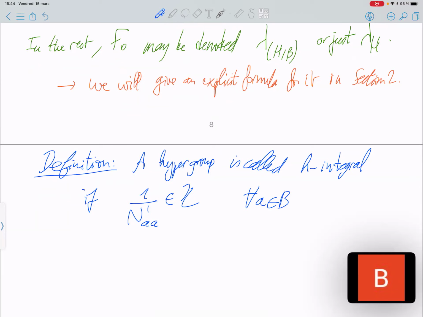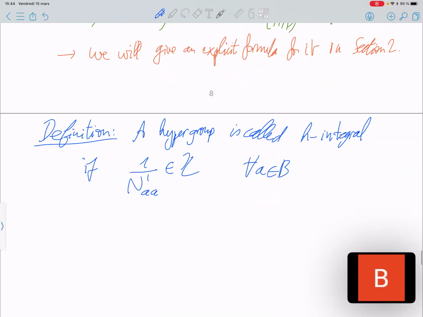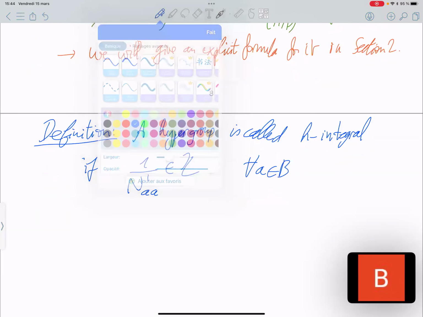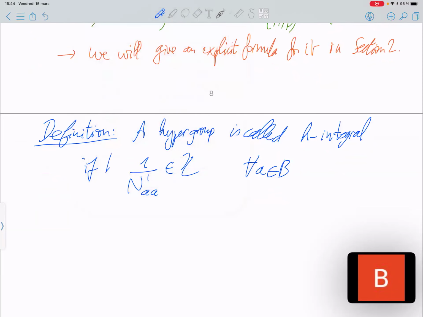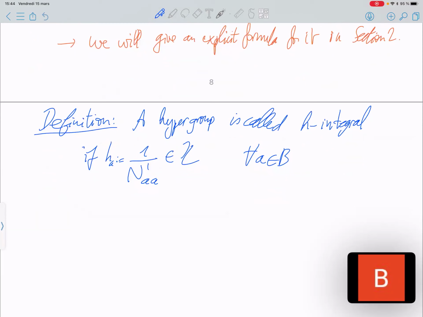And in fact, in the rest of the paper, that may be called HA. In fact, let me write it like that.